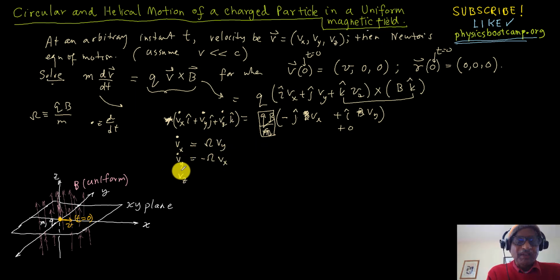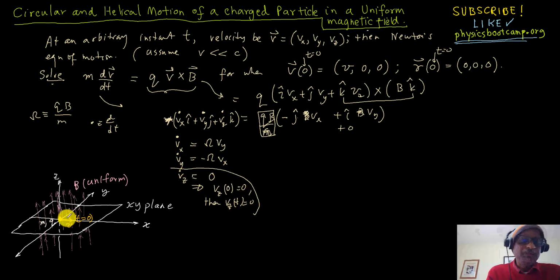And vz dot, this is the acceleration along the z axis, is actually 0. That simply means if vz at 0 is 0, then vz at any time is 0.